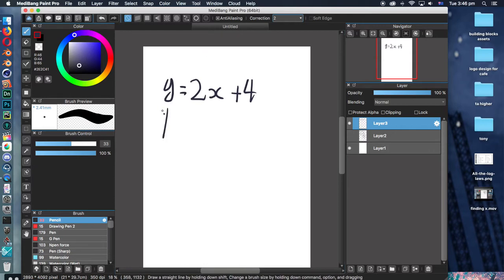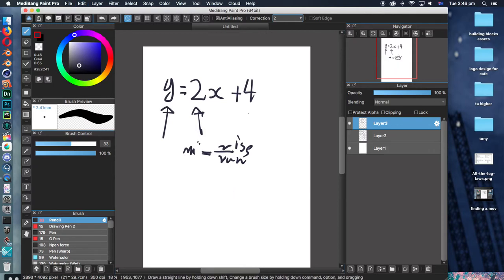So this is the y. This here is the gradient, which is m, and m equals rise over run. Oops, they both start with r, let's fix that. Rise over run. That basically means, let's just say, every one unit you travel, you must rise by 12.